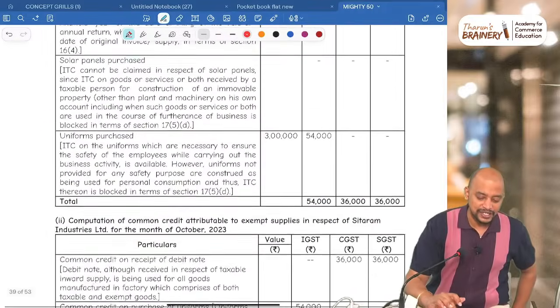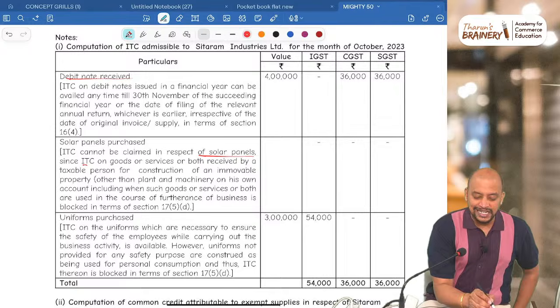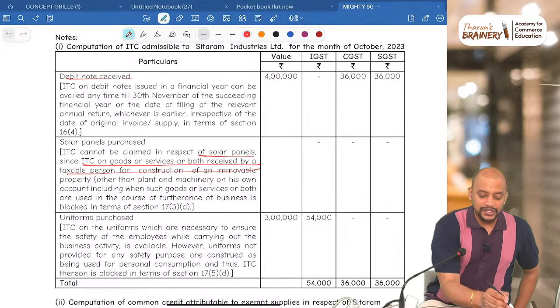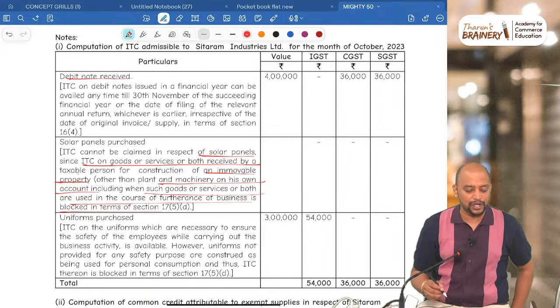So please see the answer, you will understand. ITC cannot be claimed in respect of solar panels since ITC on goods or services received by a taxable person for construction of immovable property other than plant and machinery on his own account, including when such goods or services are used in the course or furtherance of business, is blocked ITC.